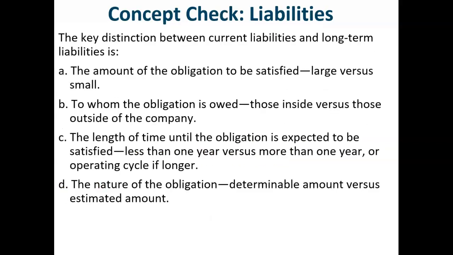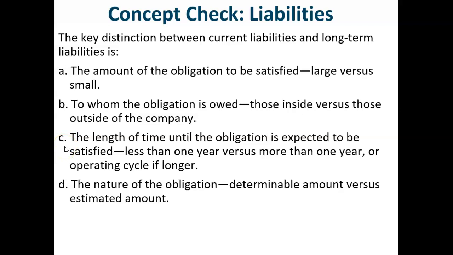Here's another easy concept check question for you. The key distinction between current liabilities and long-term liabilities is A. The amount of the obligation to be satisfied, large versus small. B. To whom the obligation is owed, those inside versus those outside the company.